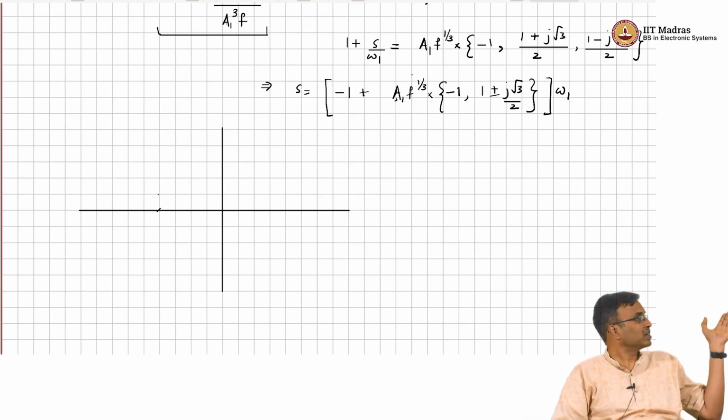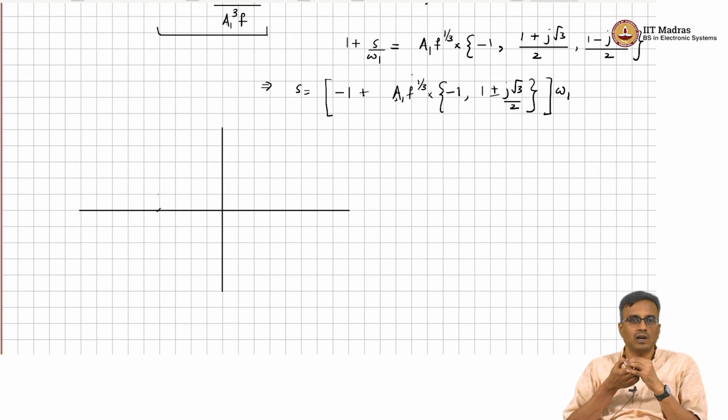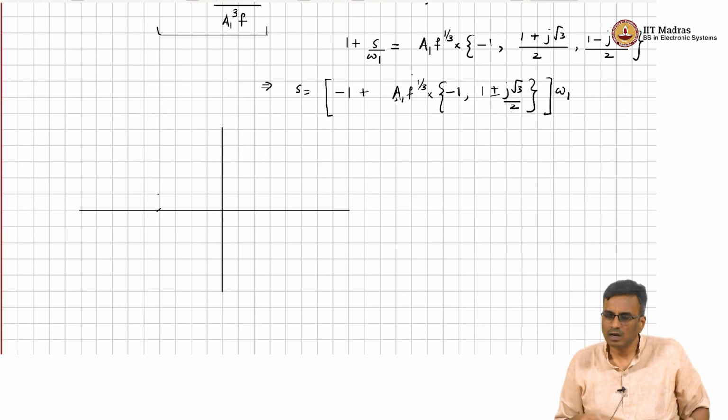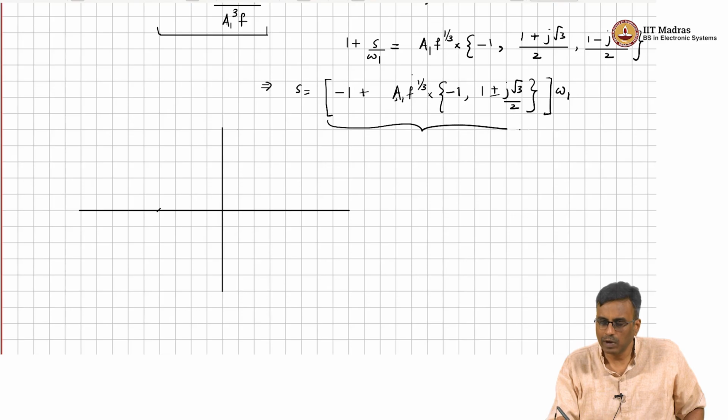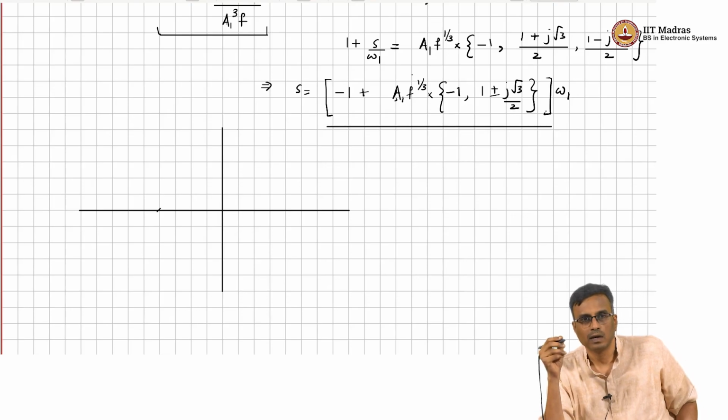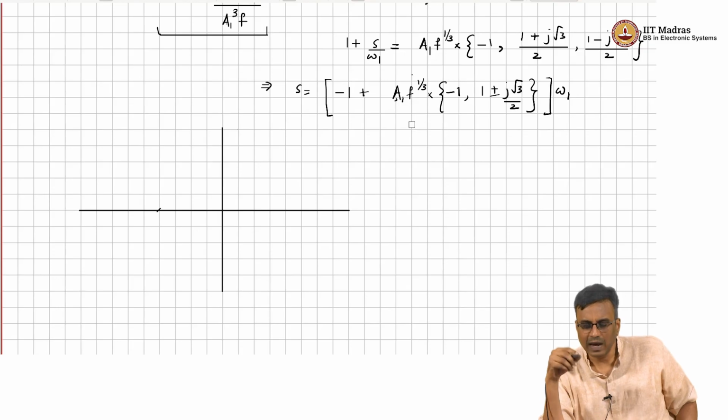Yeah, we got the equation. Now, can't we figure out where the poles are? I mean, this whole thing is multiplied by omega 1. So, as a 1 tends to 0, where are the 3 poles?